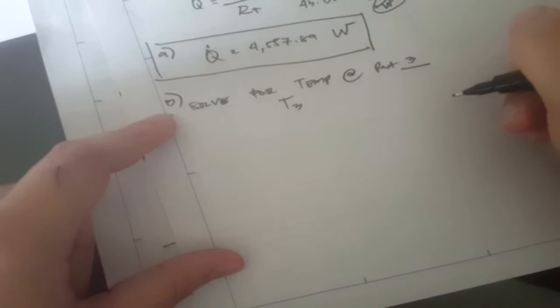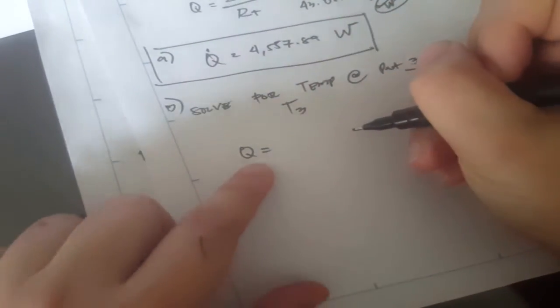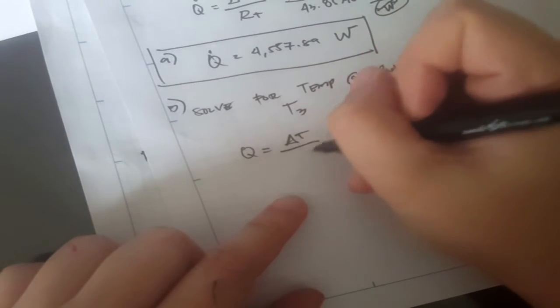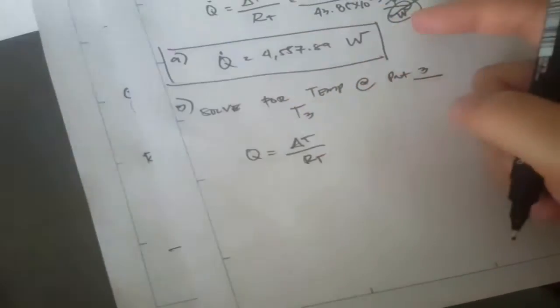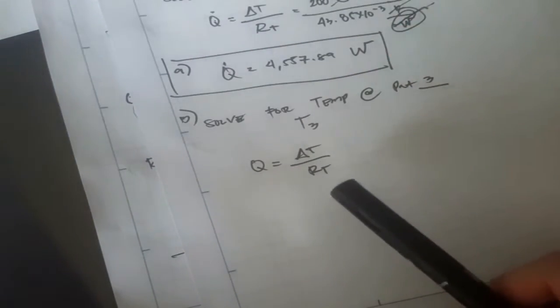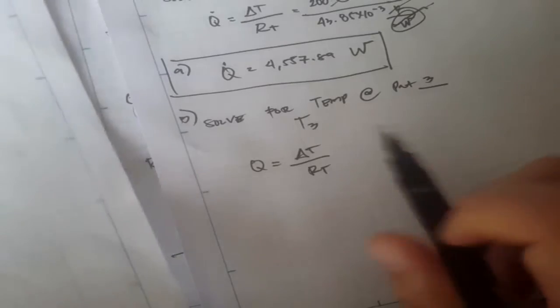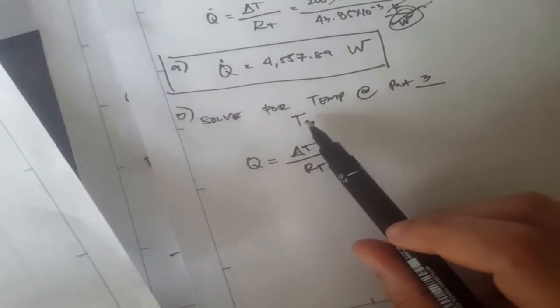For letter B, we can also use the equation delta T over RT, but we will only consider the sections where we can solve the temperature at point 3.